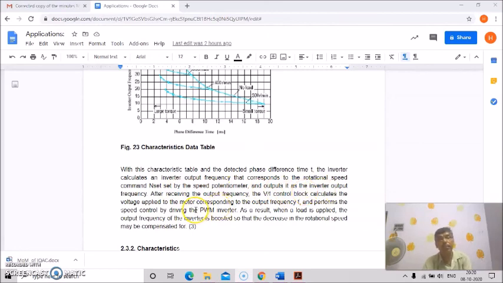After receiving the output frequency, the V/F control block calculates the voltage applied to the motor corresponding to the output frequency F, and performs the speed control by driving the PWM inverter. As a result, when the load is applied, the output frequency of the inverter is boosted so that the decrease in the rotational speed may be compensated.